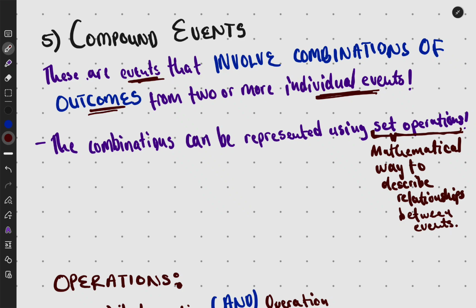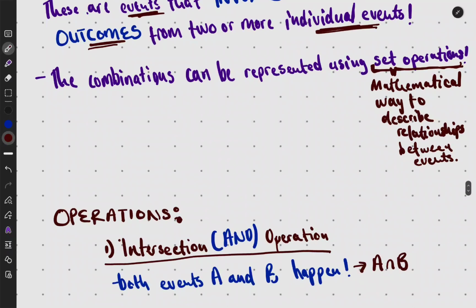We're going to see how we convert a certain word into a mathematical operation, because we'll be having two words. One is AND, the other one is OR, and these quickly change to set operations. Remember, in compound events, all we are doing is combining outcomes. That's the key thing there. These are events that involve combinations of outcomes from two or more events.